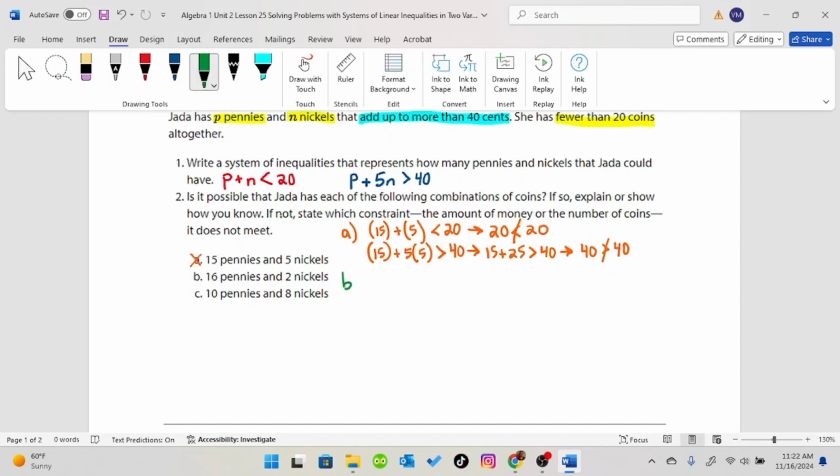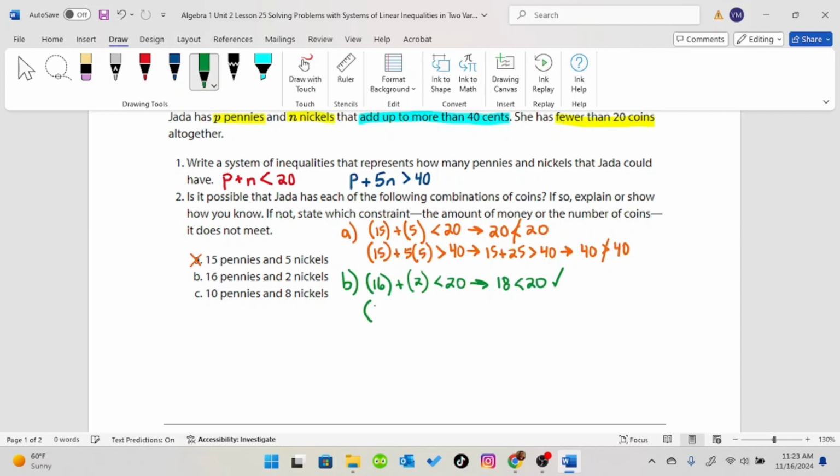Now we can check B. We have P, which is 16, plus N, which is 2, and that would need to be less than 20. 16 plus 2 is 18. 18 is less than 20, so it does solve the first constraint. Now let's take a look at the second constraint.